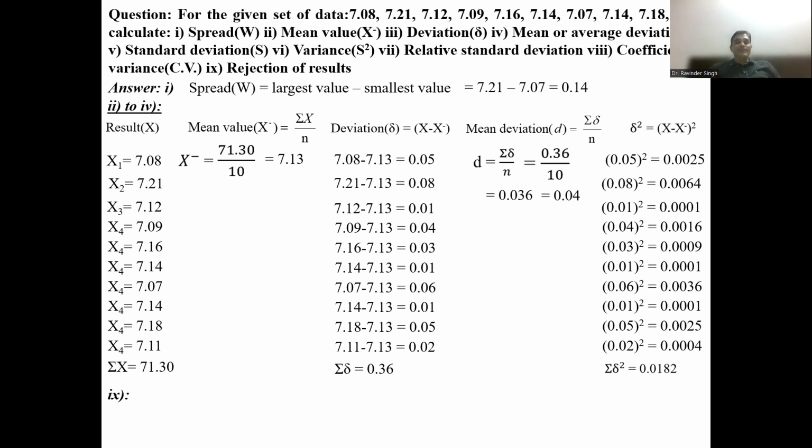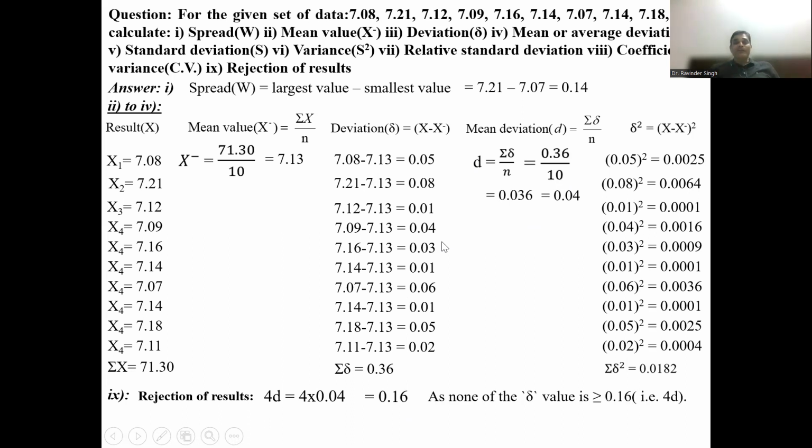Now the last one, rejection of the result, means find out the 4D. 4 multiplied by D. What is the D here? That is the mean deviation, 0.04, which we have written after rounding off. So the answer comes out to be 0.16. Now compare all the delta values with that 4D.